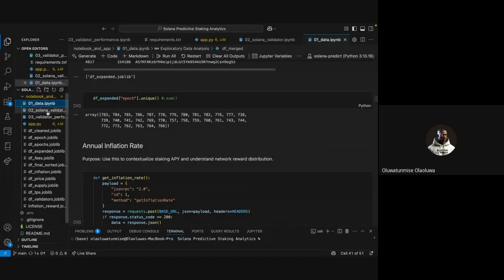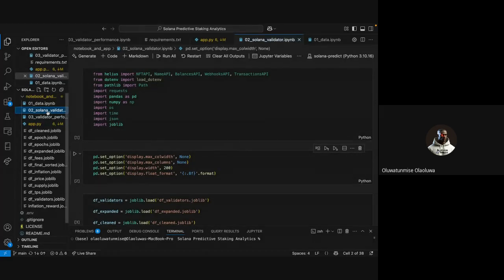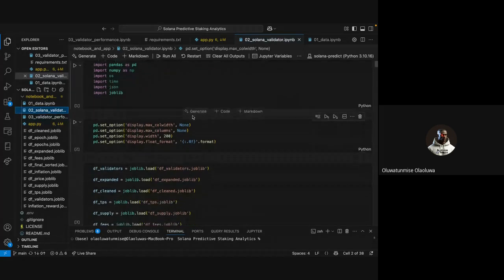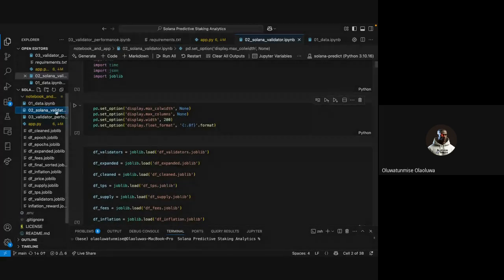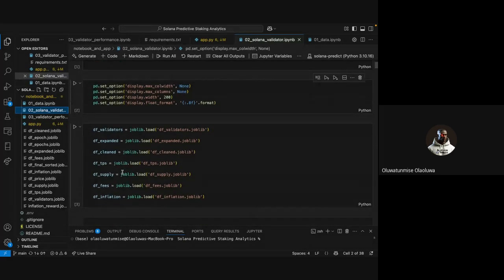This is where I built the Solana validator codes, where I imported those. The first data file was to fetch the necessary data I needed, and to classify and categorize them. I call this one expanded because it contains information I needed, which is the epoch.